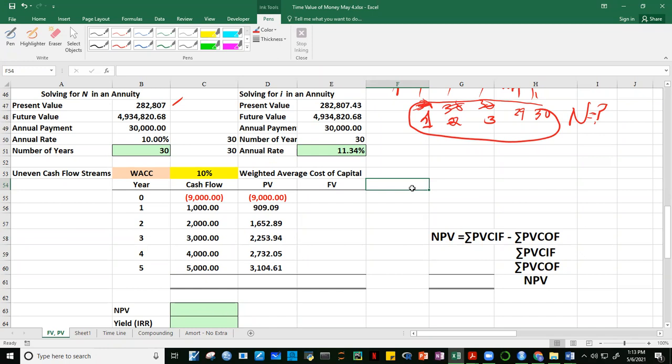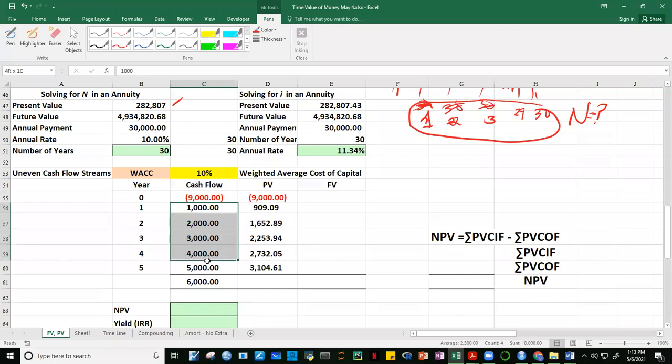Now, of course, we learned before that you should not add those cash flows. Hindi natin pwedeng i-add. We can't add them and say, okay, ang net natin 6,000. 9,000 yung outflow, tapos 15,000 yung inflow.